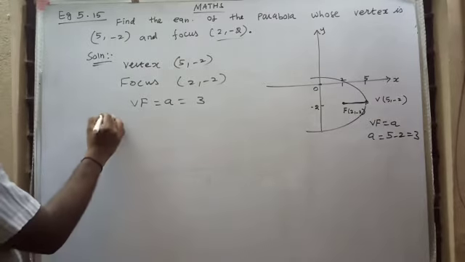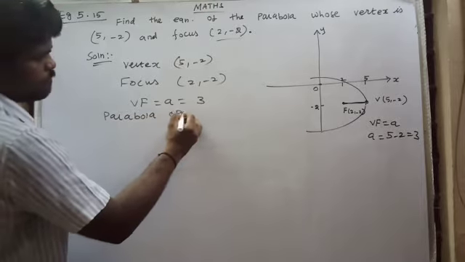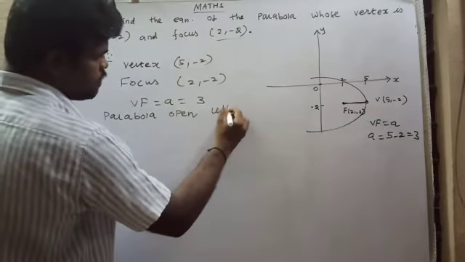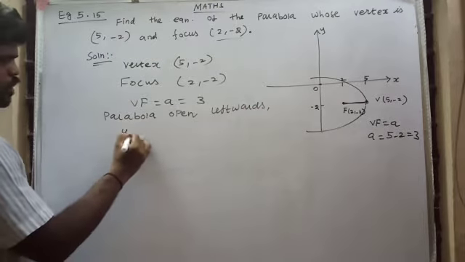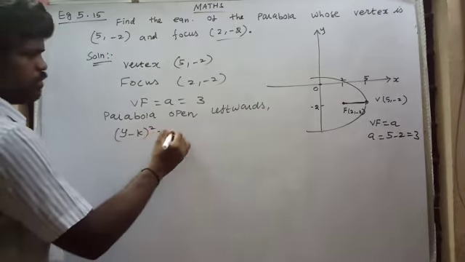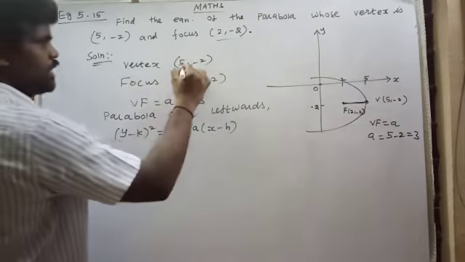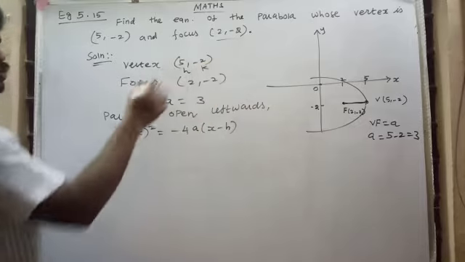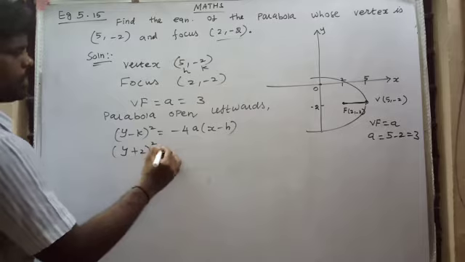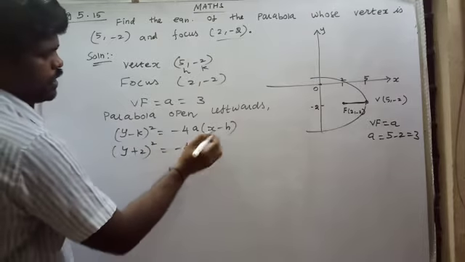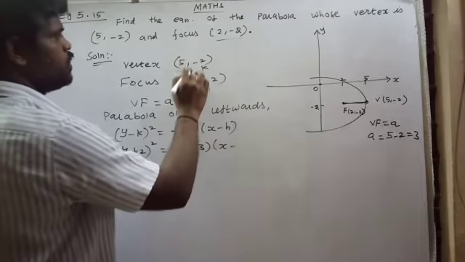The parabola opens leftward, so the formula must be (y − k)² = −4a(x − h). The vertex is (h, k), and we apply it here: (y + 2)² = −4 × 3 × (x − 5).